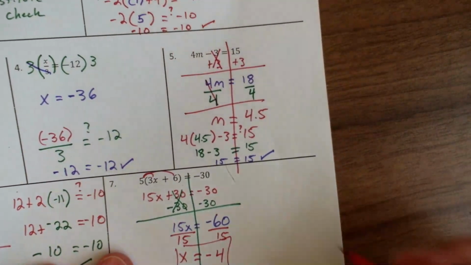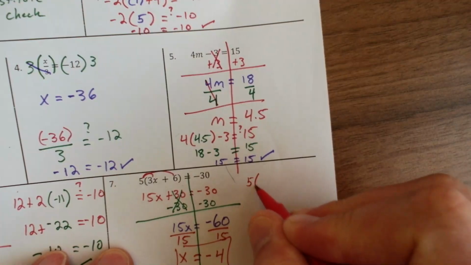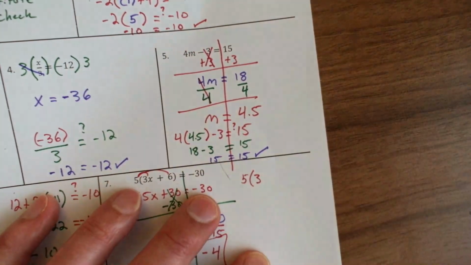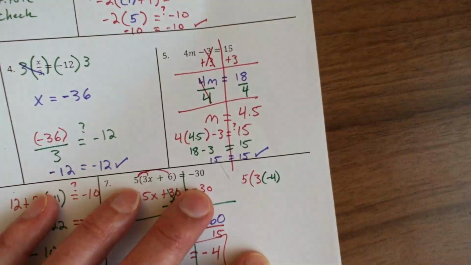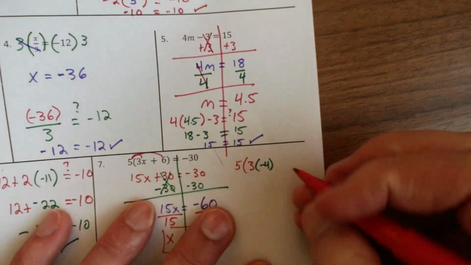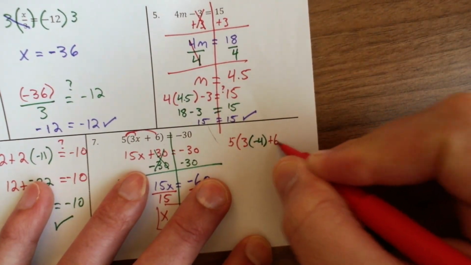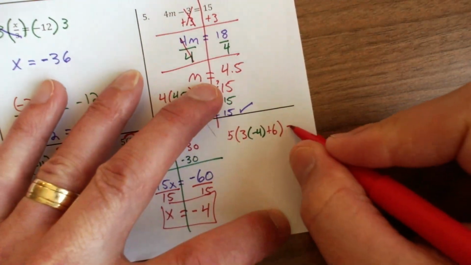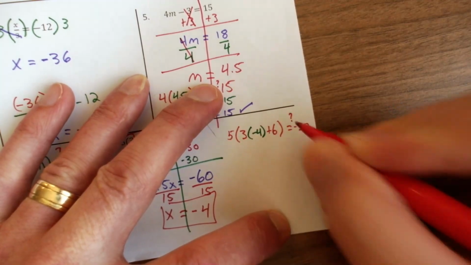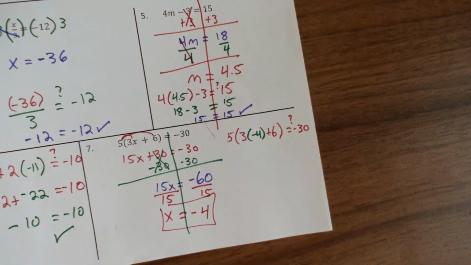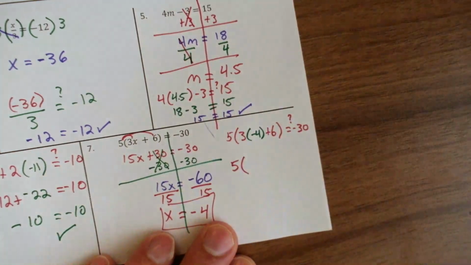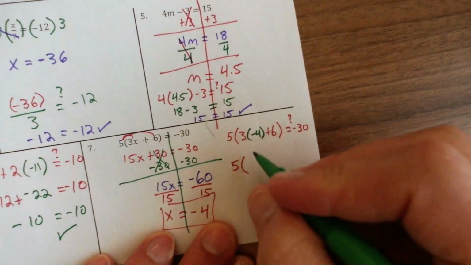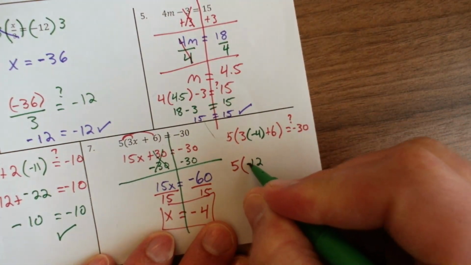My check, 5 parenthesis 3 times negative 4. Substitute that in. Plus 6. Does that equal negative 30? So my first step, nothing happens with the 5. 3 times negative 4. 3 times 4 is 12. Positive times negative is a negative.